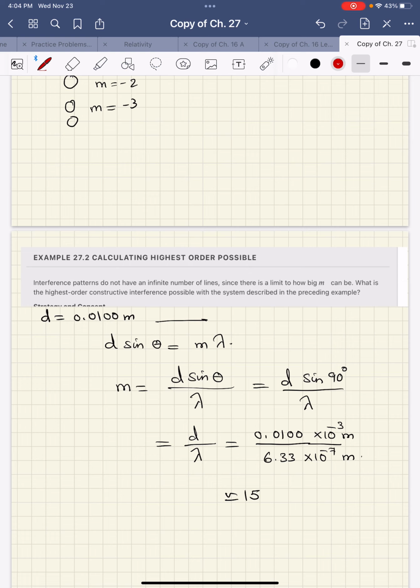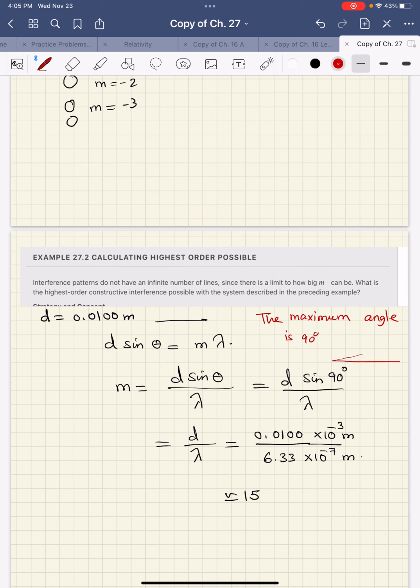It's the same one, and therefore here I can calculate because the maximum angle that we should have is going to be 90. Because remember, the angle is measured from here, here, here, then the maximum is 90.